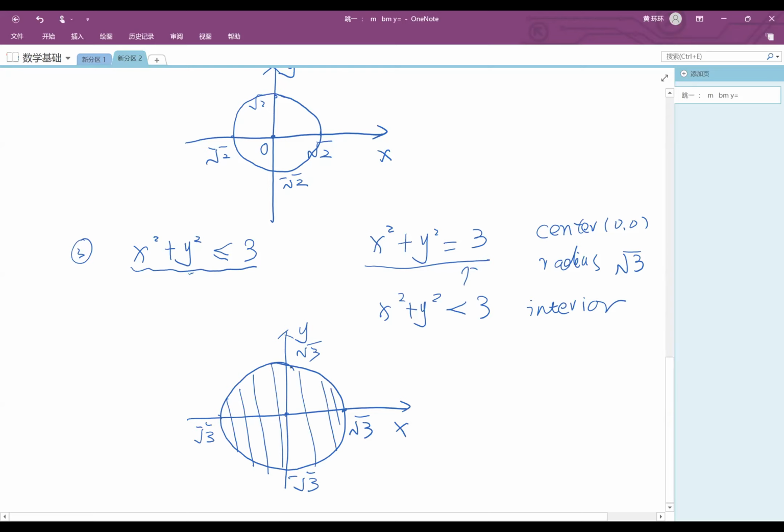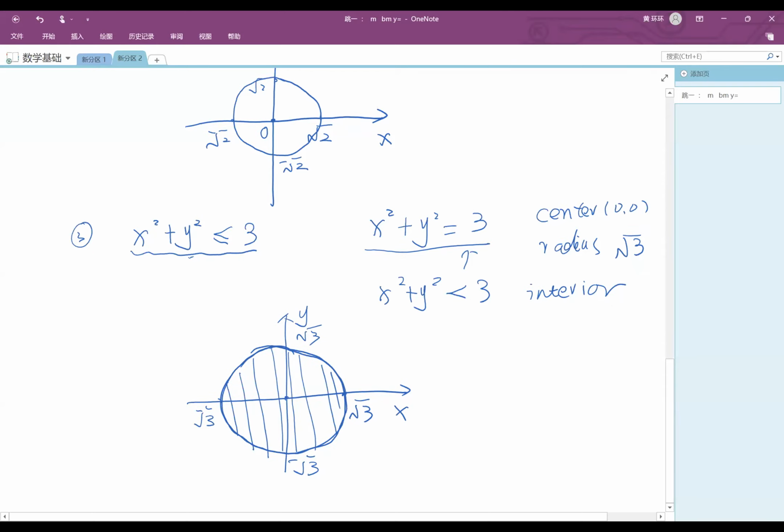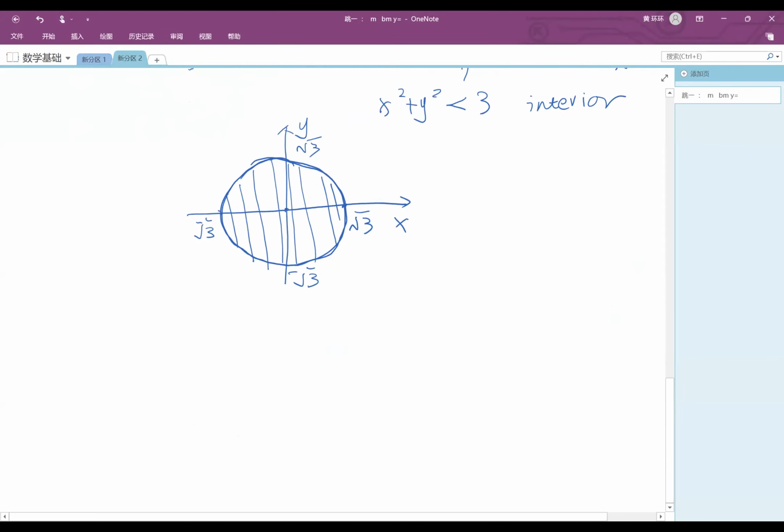It also contains this circle. So this is the graph for the third one, okay?